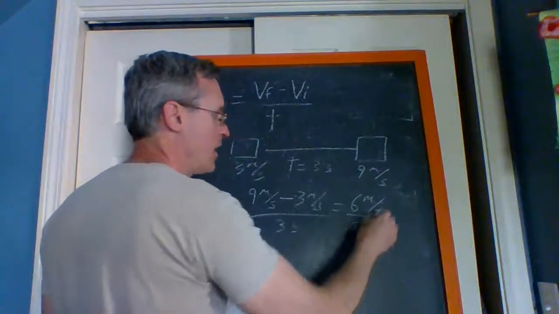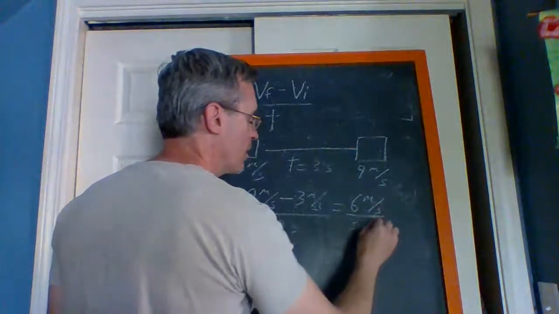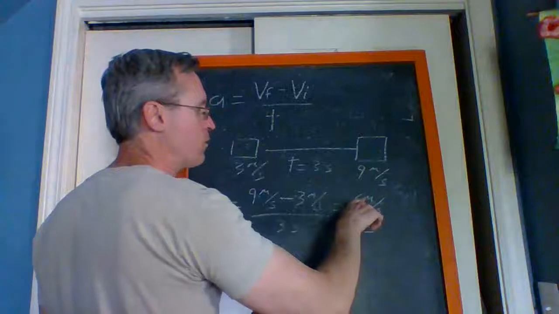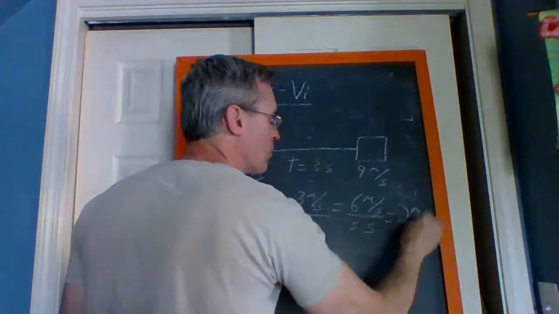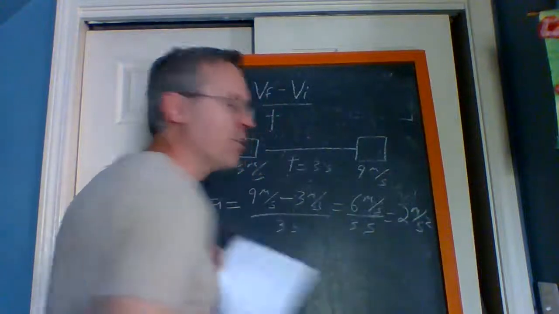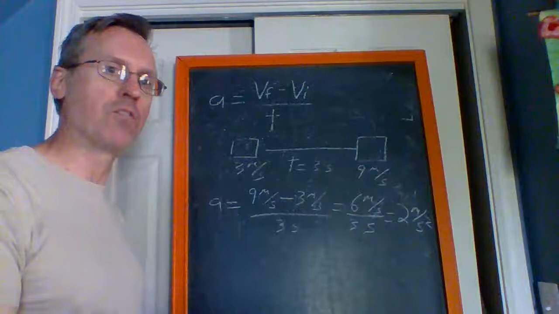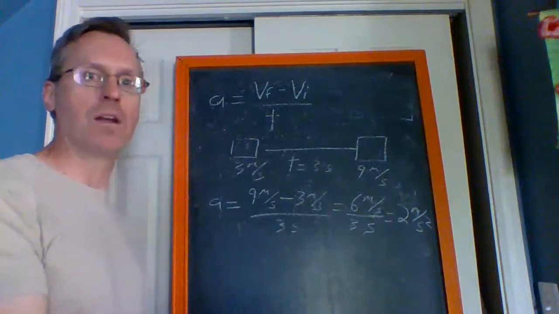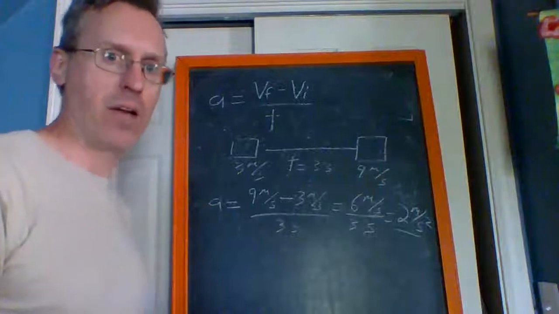The seconds do not cancel out, sorry, one second does. And 6 divided by 3 is 2 meters per second squared. So you got faster at a rate of 2 meters per second every second that you were speeding up. This is how much you got faster by.